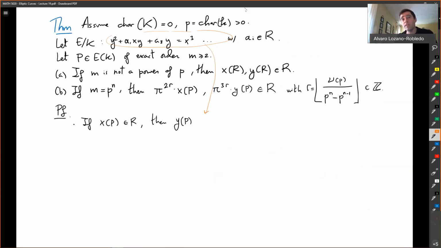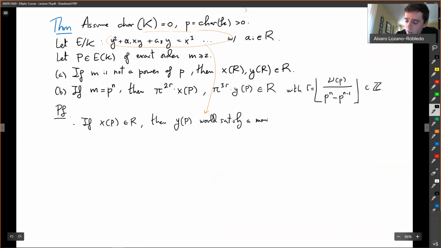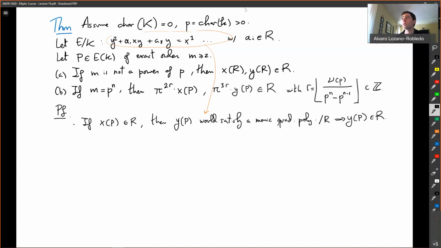Therefore, y itself is also integral. Okay, so y of p would satisfy a monic quadratic polynomial over R, and therefore y of p is also integral.